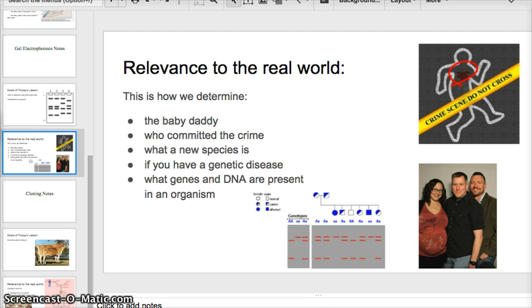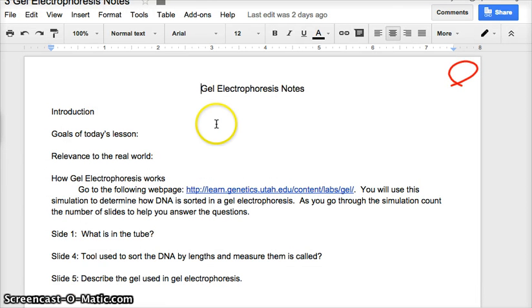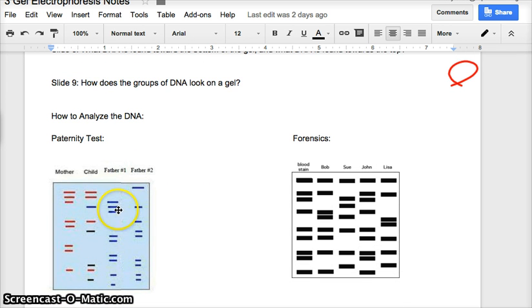All right, so what you're going to do right now is go to this animation and go through and answer those questions, and then I'll show you how to analyze these. It's pretty easy. This is the example of the baby daddy. Who is the father of this child? Here's the mother and here's all her DNA bands. Again, these bands are just DNA.